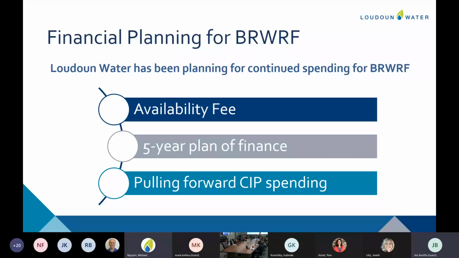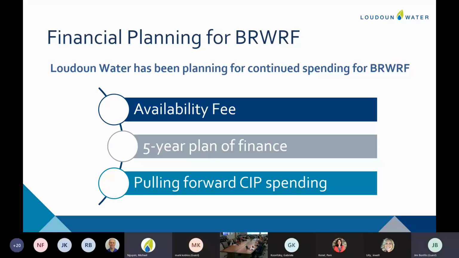When you talk about numbers of this magnitude, for the finance folks, we're still kind of picking ourselves up off the floor when you look at those big numbers. But as Kendra said, it's a 15-year plan, right? And so this is all growth related. Therefore, our availability charges should and will fund this whole project.